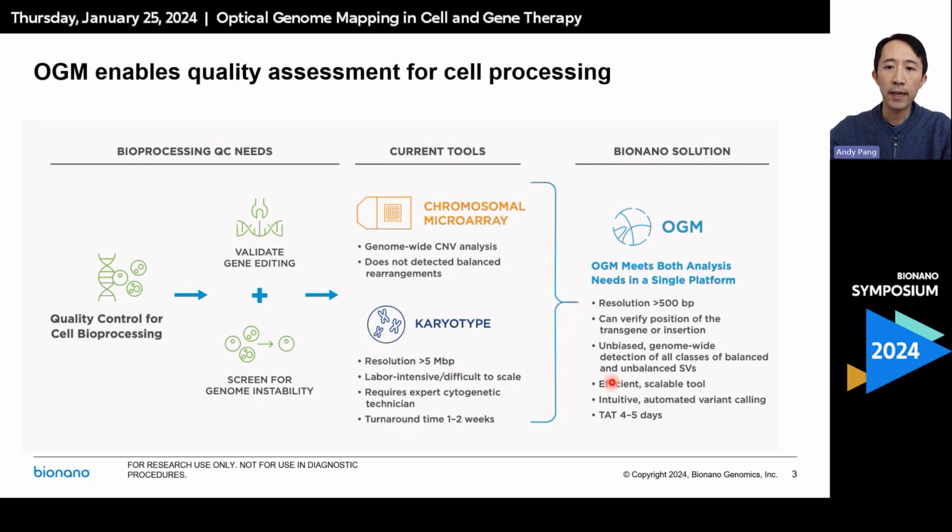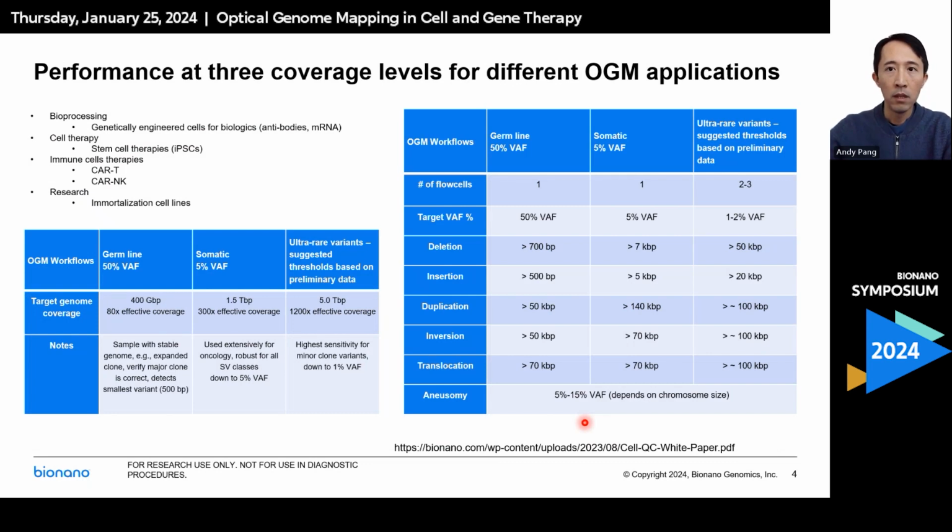It is efficient, scalable, and it has an automated variant calling and comparison tool. And it also has a fast turnaround time. So for the cell QC applications, we can be looking at doing QC for bioprocessing, cell therapy, immune cell therapies, or for research, such as looking at the integrity of immortalized cell lines.